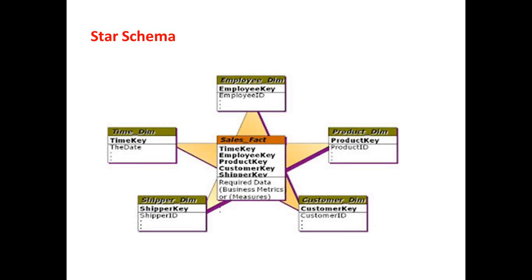For example, there is a serial number. The serial number of a particular student is not a fact because it doesn't identify any performance of the student. Whatever is used to identify the performance of a particular object, those are facts.